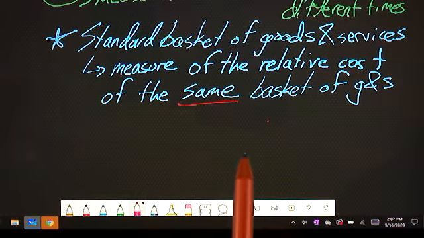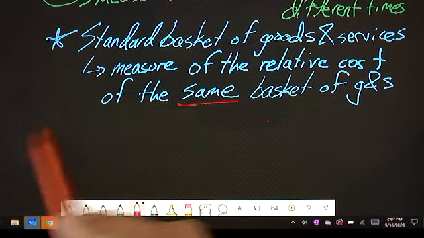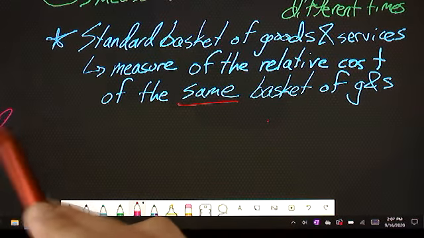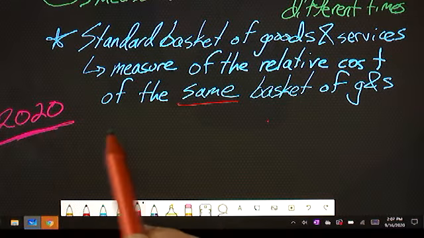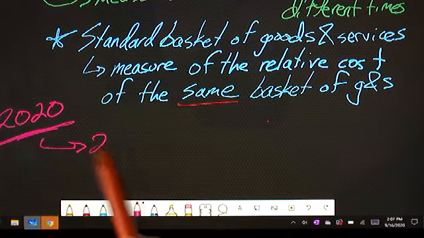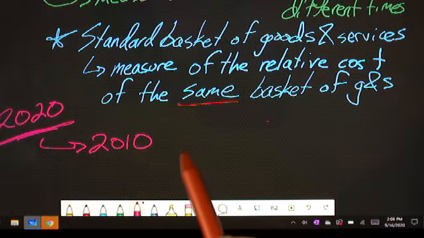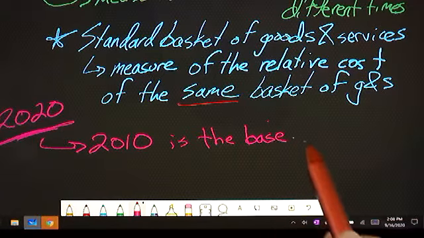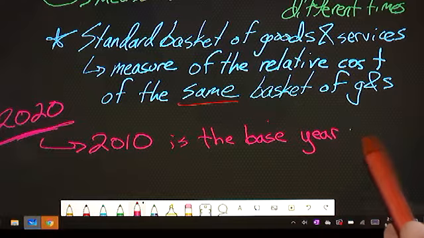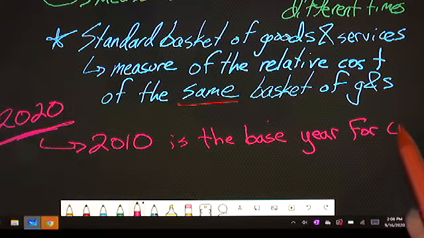So for the most part, in the era that we're living in, this video is being made in 2020, and 2010 is the base year for this CPI.